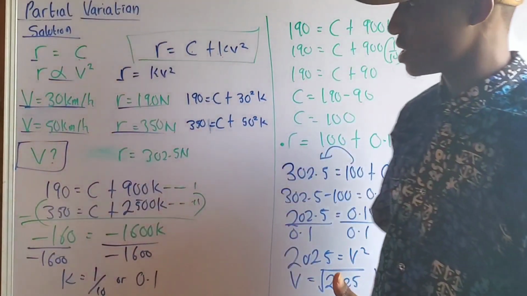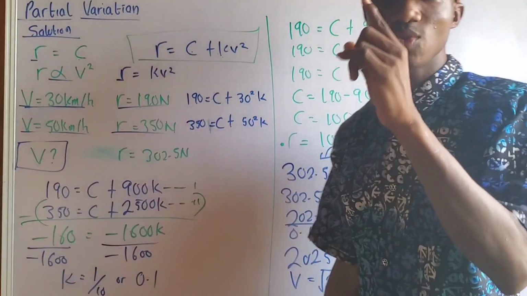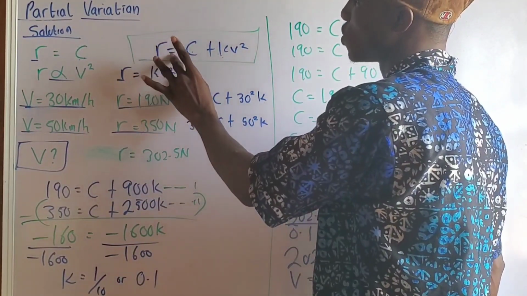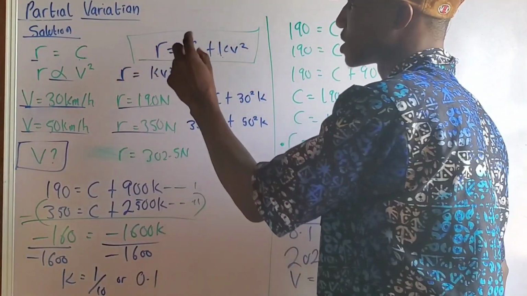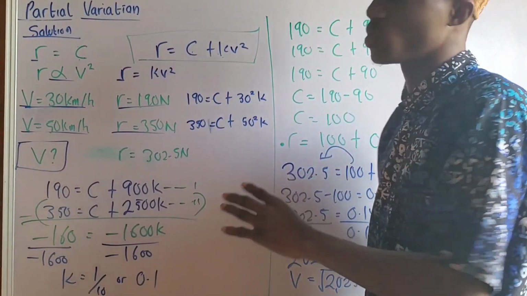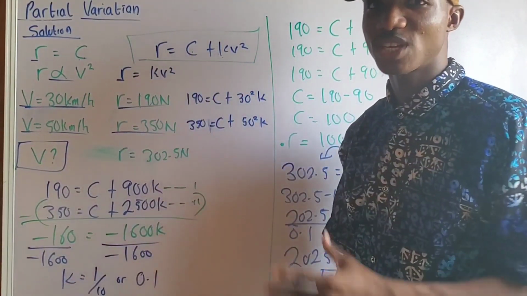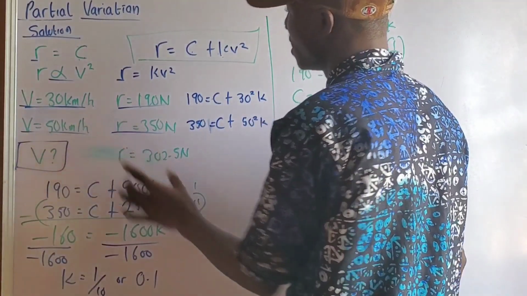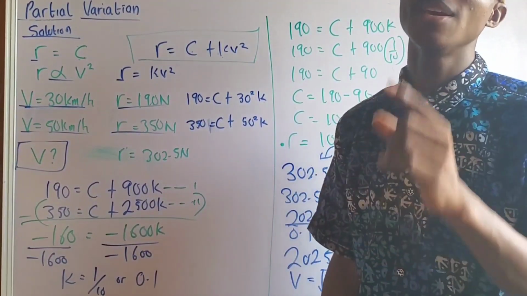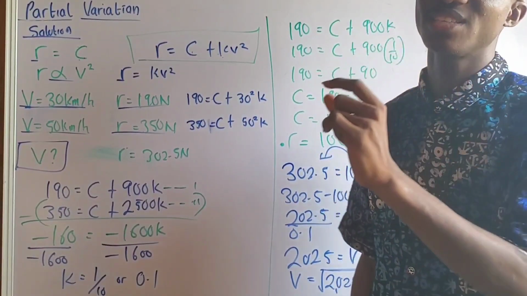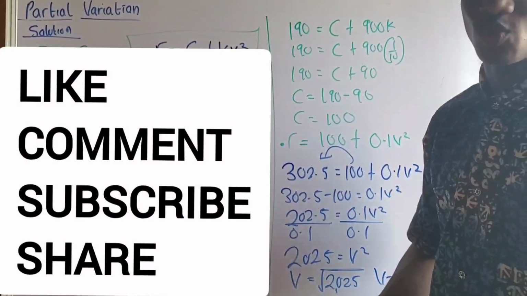So when we write the value of R as a single entity, we have R equals C plus KV squared. With respect to the information you're given, you substitute the values to get two equations, then you solve the two equations simultaneously to get the value of the constant and the proportionality constant. When you are done with that, then you can do whatever you have to do in the question.